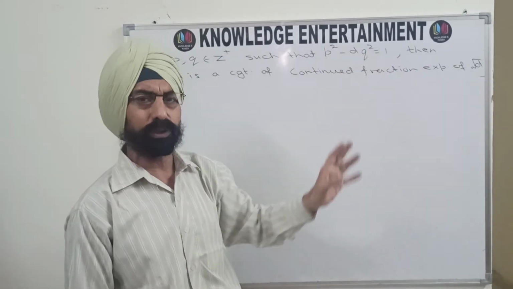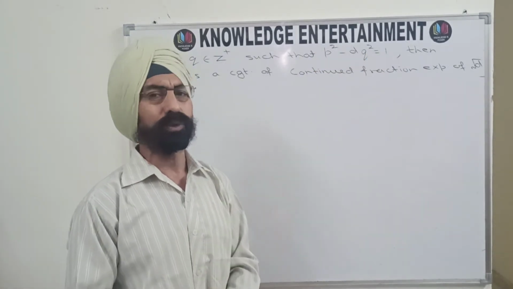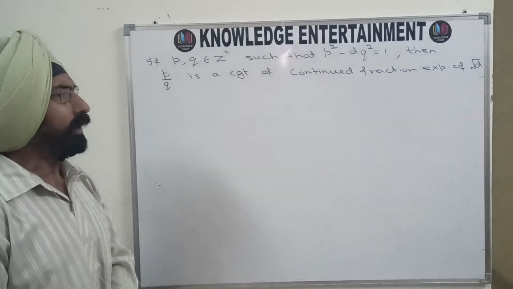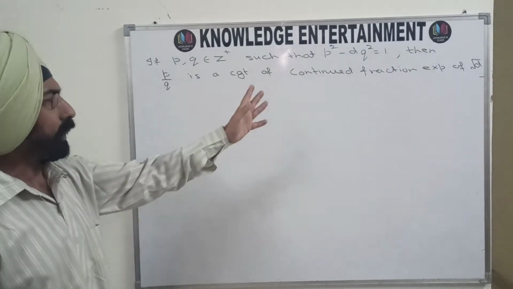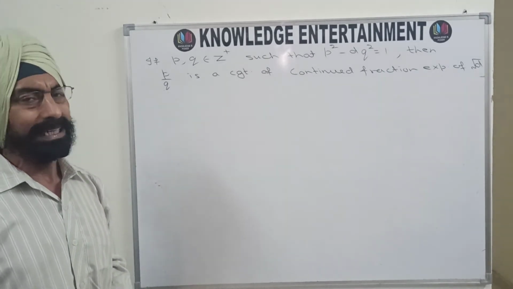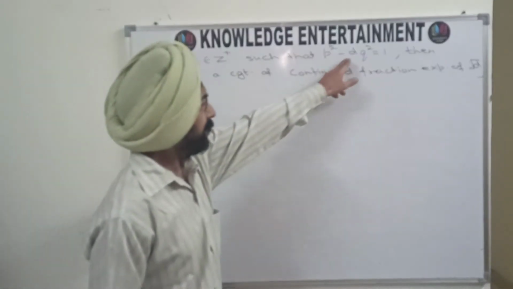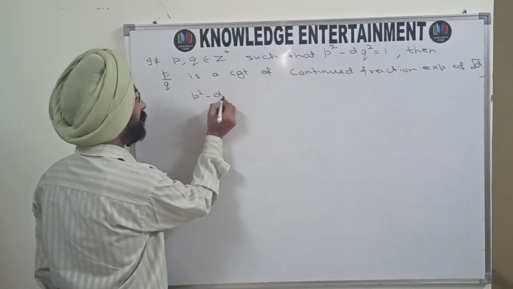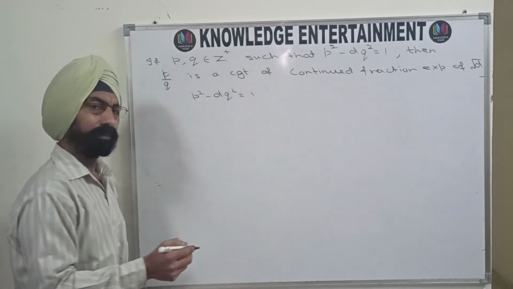That means (p, q) is a solution of Pell's equation x squared minus d q squared equals 1. And we have to show that p upon q is a convergent of the continued fraction expansion of root d. Starting from here, p squared minus d q squared is 1.